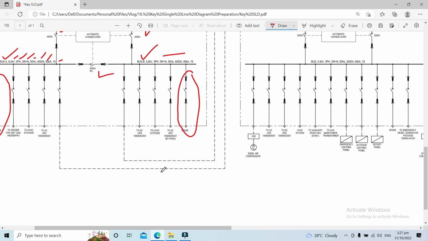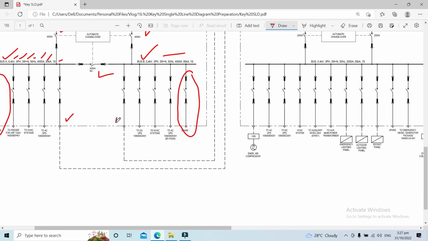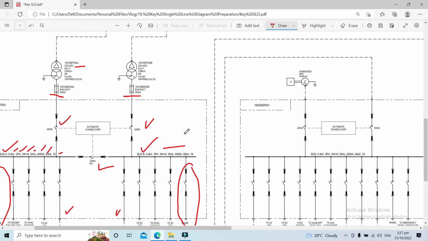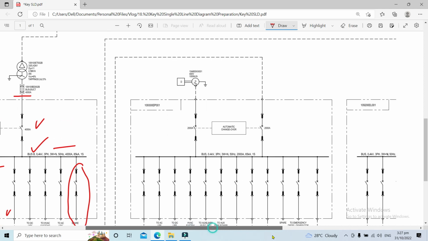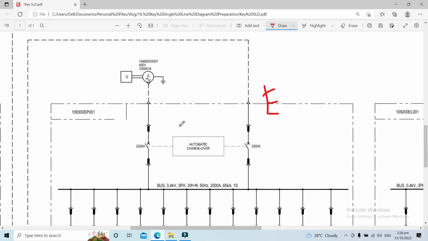From here, there are outgoing feeders from both bus A and bus B that are also feeding this one, which we call the emergency switchboard. Emergency switchboard means the other incoming power supply is taken from a diesel engine generator.